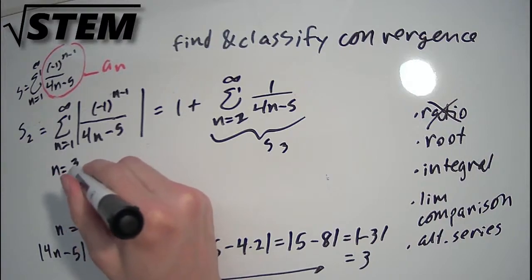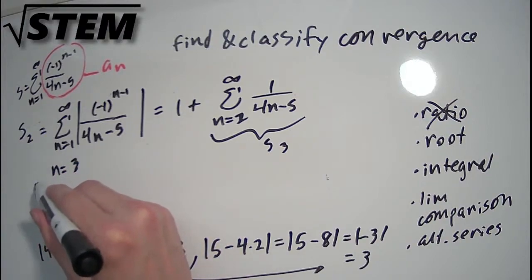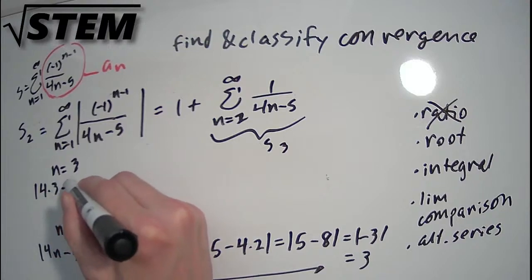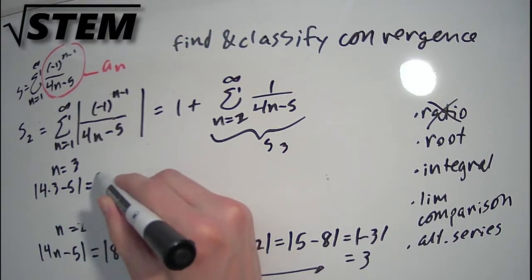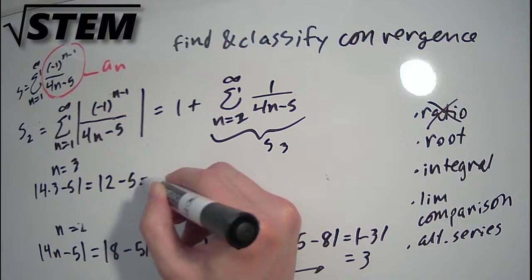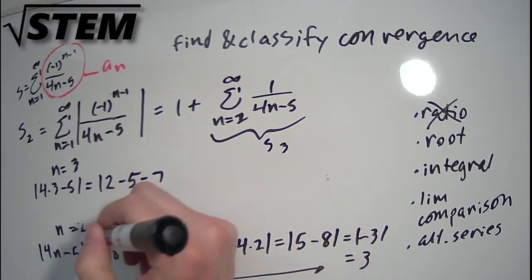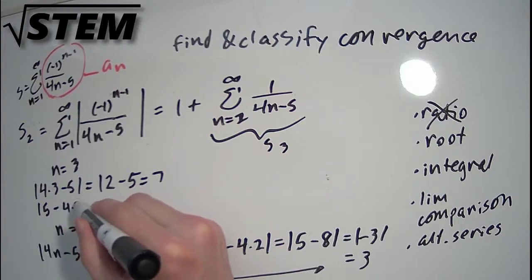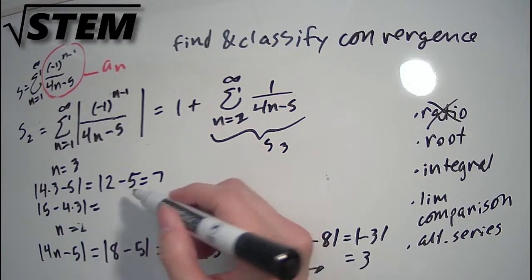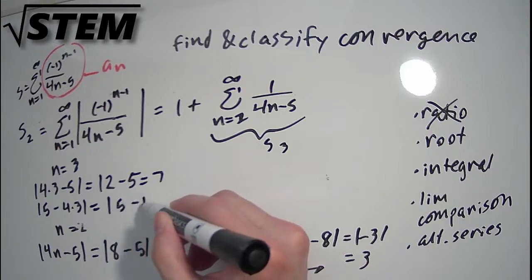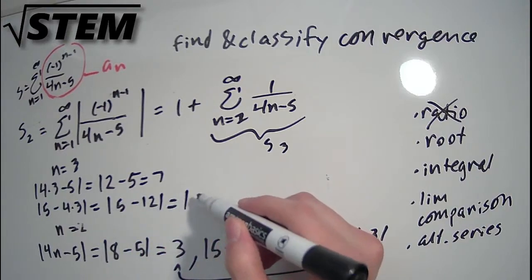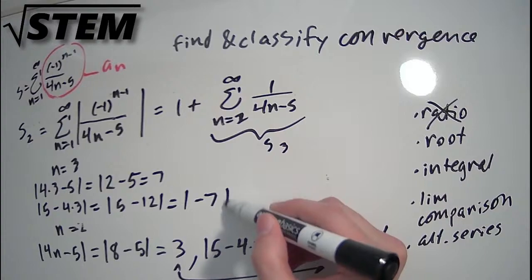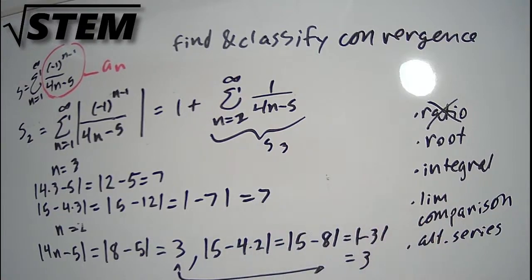So n equals 3, if we did 4 times 3 minus 5, that's 12 minus 5, which is 7. And if we did 5 minus 4 times 3, that's 5 minus 12, which is negative 7, which is 7.